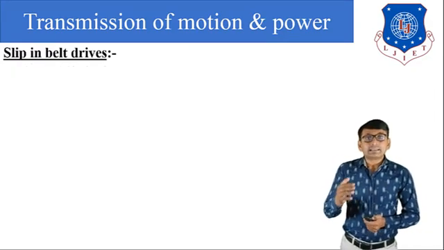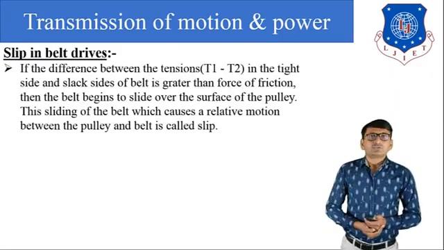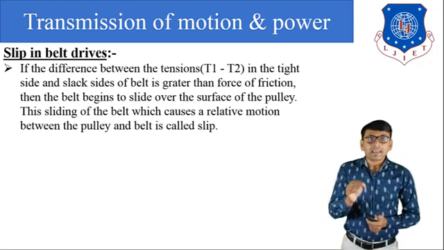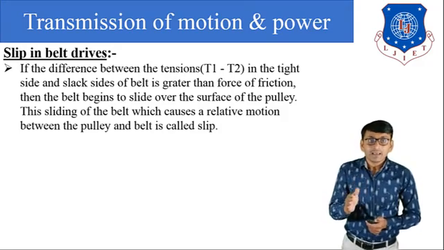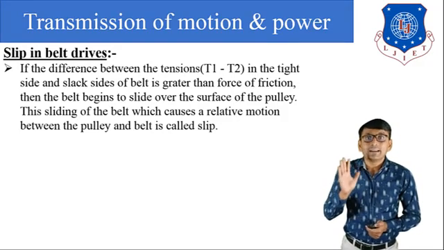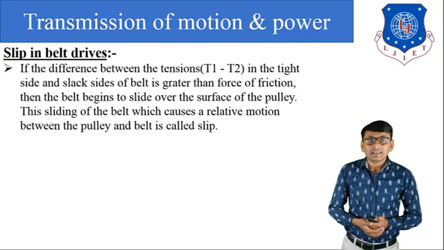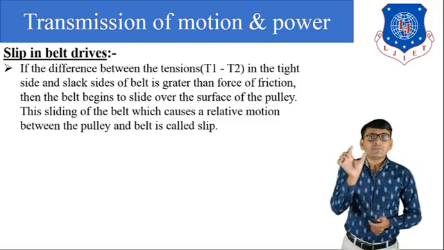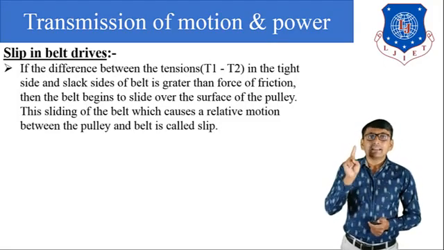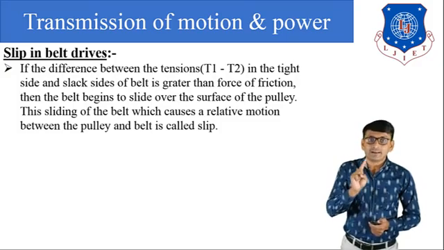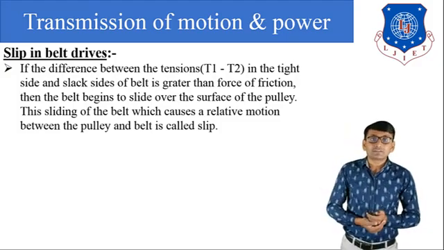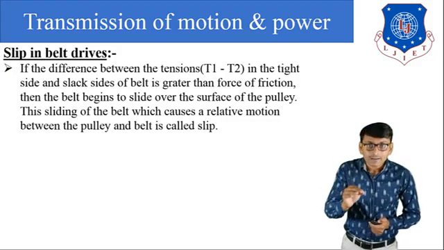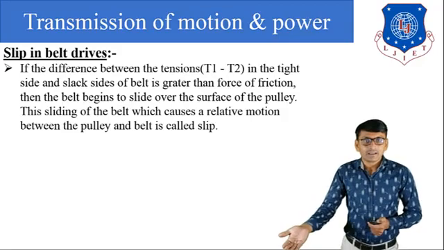Now, we discuss slip in belt drive. If the difference between tensions, that is T1 minus T2, where T1 is the tension in the tight side and T2 is the tension in the slack side, is greater than the force of friction, then the belt begins to slide over the surface of the pulley.